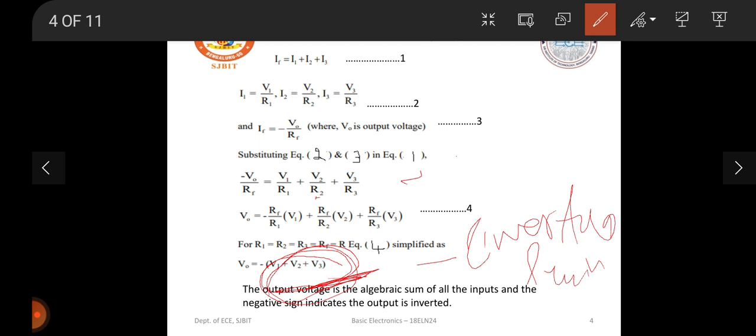So the output voltage of the summer circuit is V0 equal to minus of V1 plus V2 plus V3.